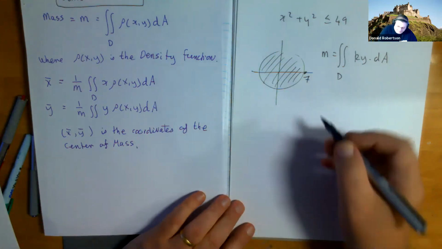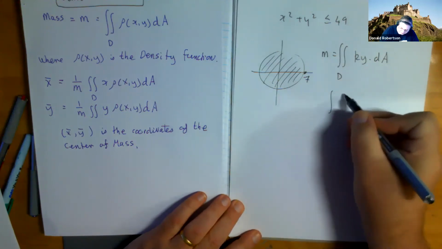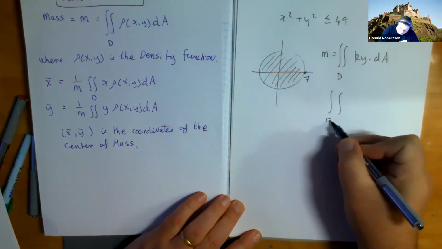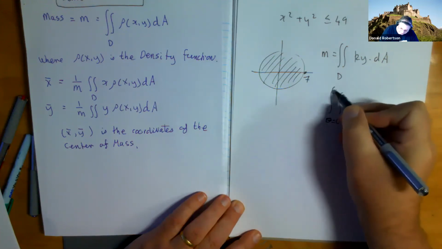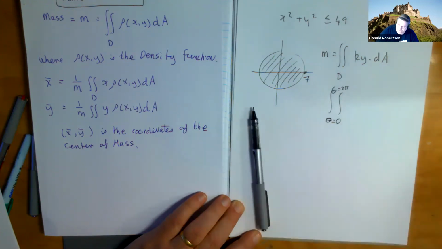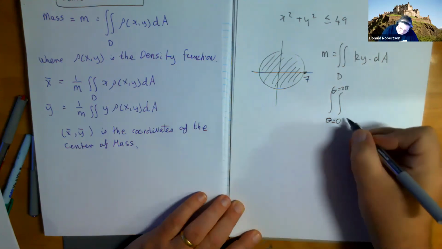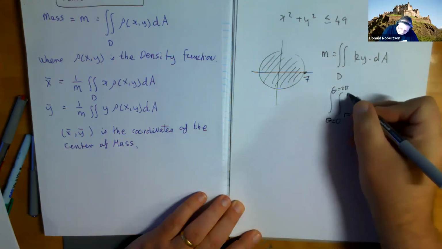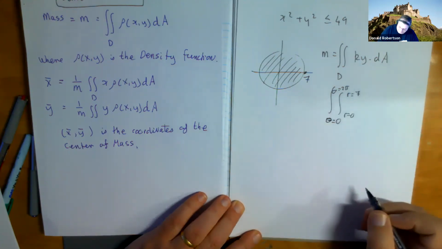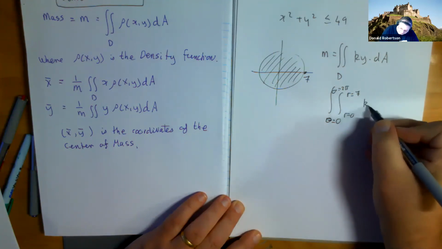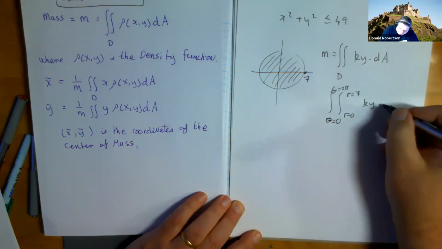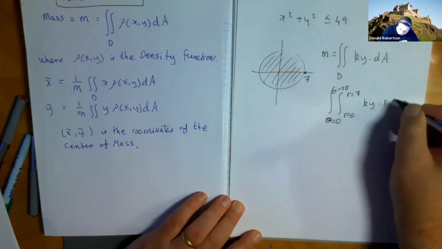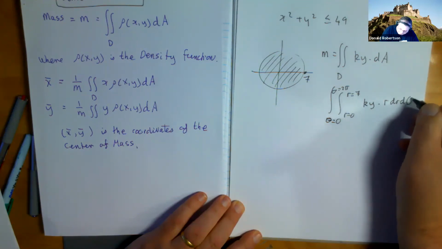Now, in polar then, won't this be theta equals 0 to 2 pi, and r equals 0 to r equals 7, and the density function is still ky for a few moments, and then it's going to be r dr d theta.